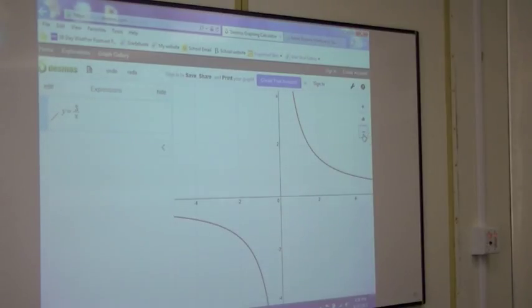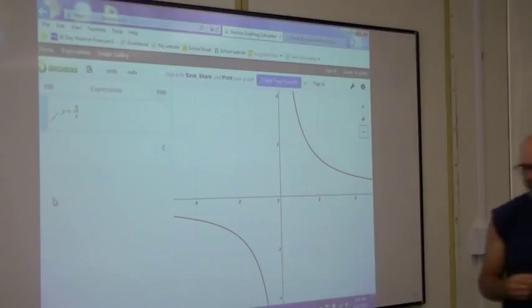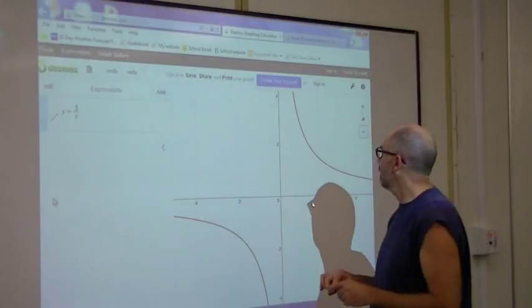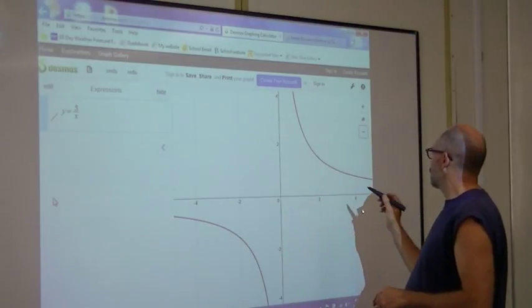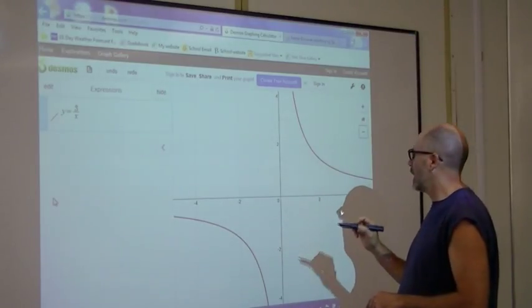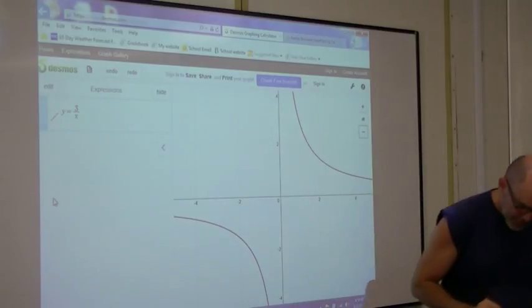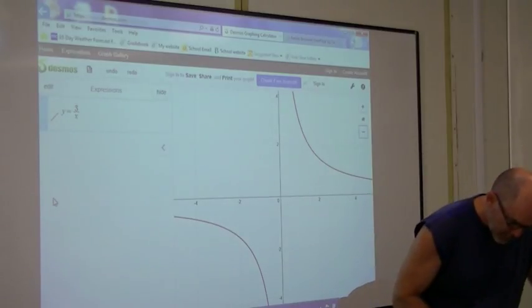Okay, so what we're trying to do is find the equation of the tangent line. But you know what I'm going to do? I'm going to put the tangent line in here. This will be spectacular.